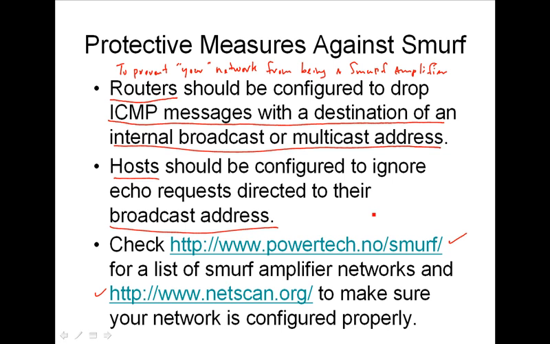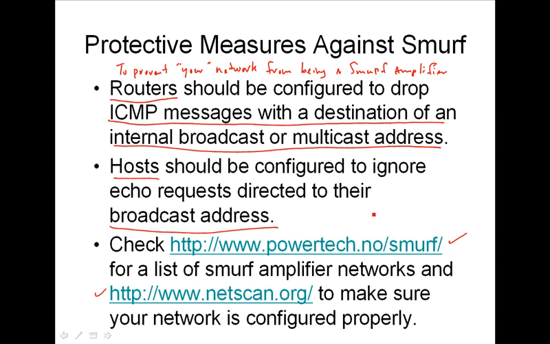The Smurf attack works because of the way the internet was designed, particularly the ICMP protocol, whereby unless you specifically turn the behavior off or you block it, if one computer sends a ping or an echo request to another computer, that computer will respond with an echo reply.